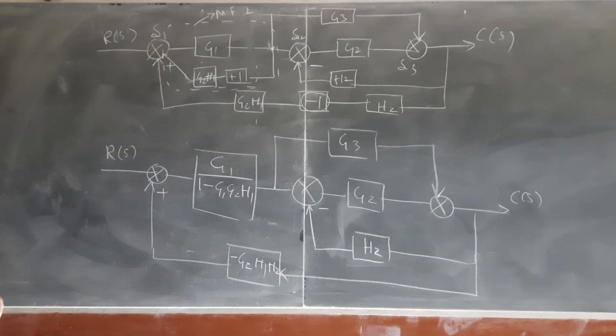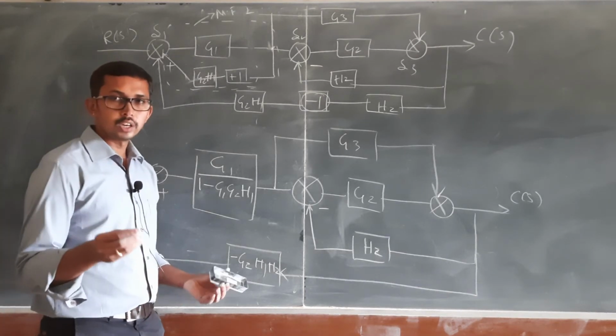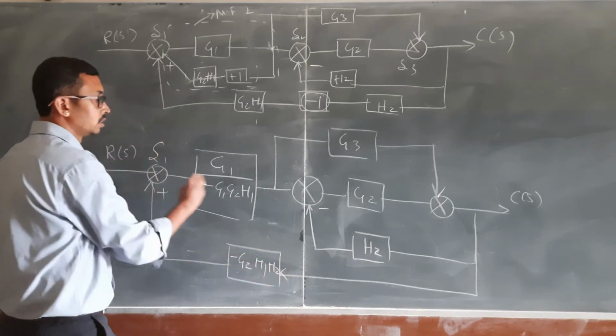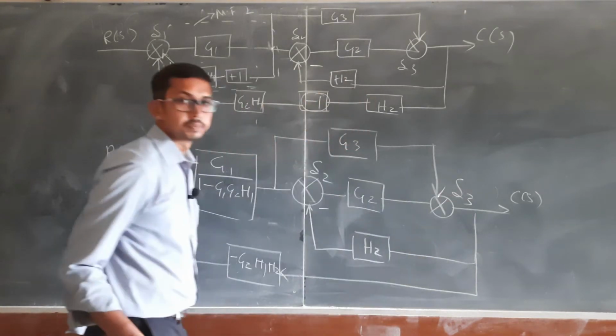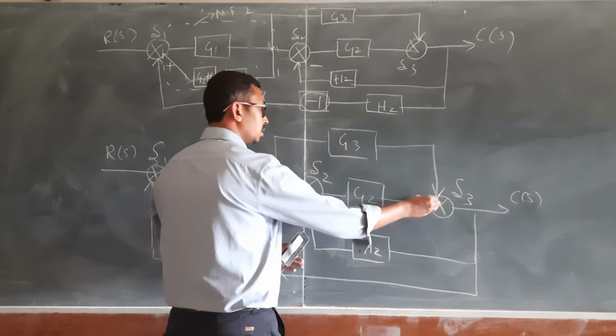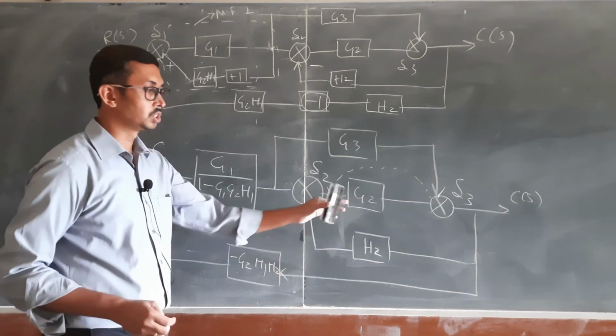So now you tell me which one you are going to apply now. So what we can do is, this is summing point 1, this is summing point 2, and this is summing point 3. So here we are going to shift this summing point before the block G2.